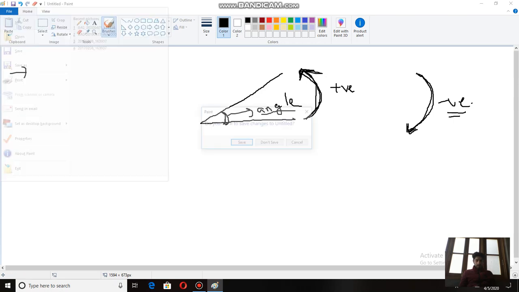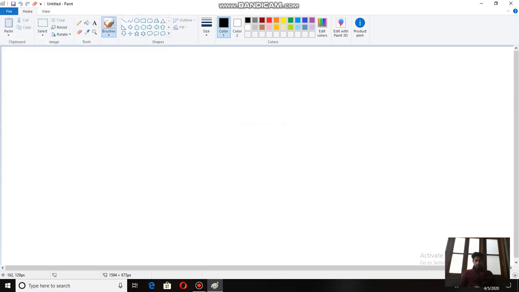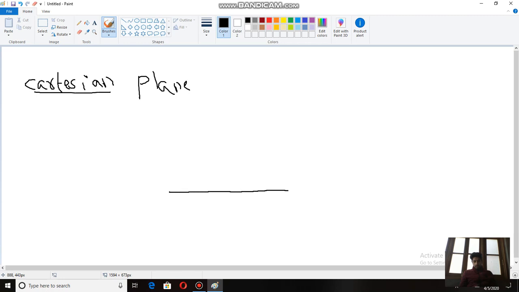Now see, let me draw here a Cartesian plane. Cartesian plane is nothing, it's a two-dimensional plane. See, first of all, let's draw a horizontal line like this, same as the way we defined angle.